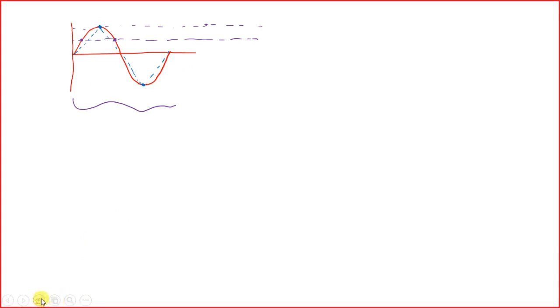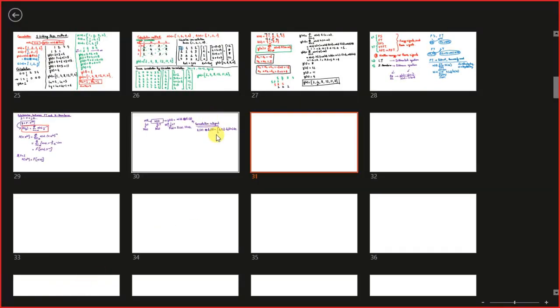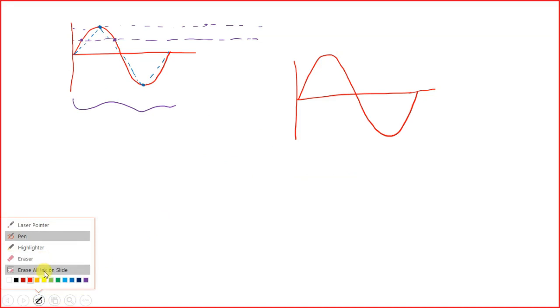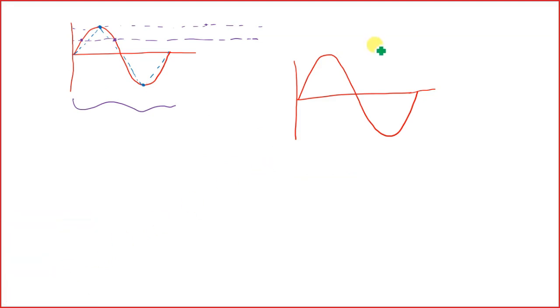Now next, if I increase this, what will happen? Suppose I increase it to 4 times.